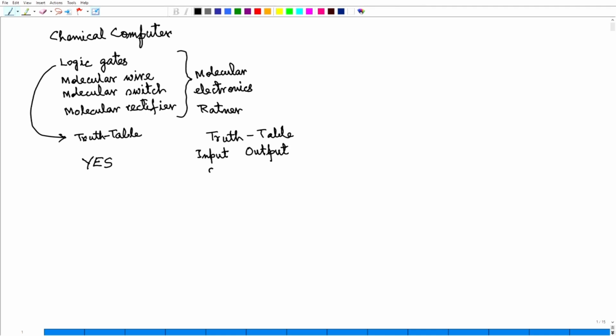Input is 0, so output is also 0. Input is 1, output is 1. It is a binary logic, like semiconductor based ones, all binary. So, this is the logic gate for YES logic.